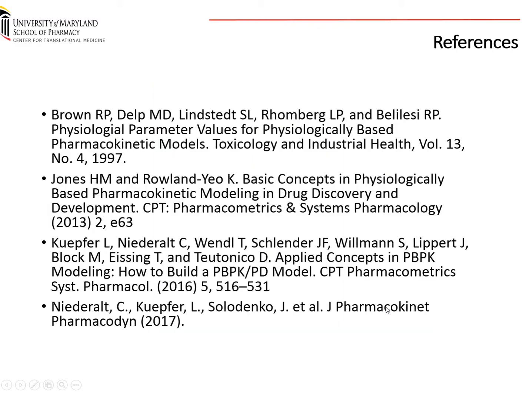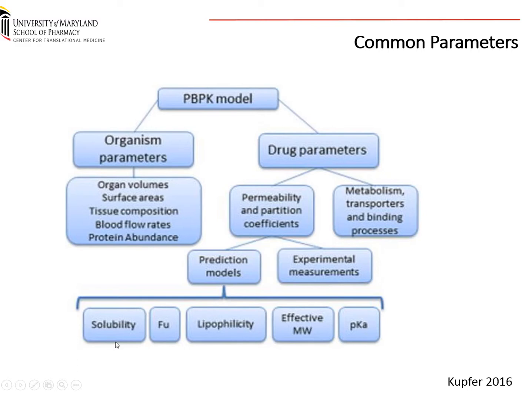And for these prediction models, basically you need some of the basic physicochemical properties. Other than the distribution parameters, you need your metabolism and elimination rates and absorption rates, and any other parameters that you are trying to incorporate, such as transporter effects or enzyme effects and all that.